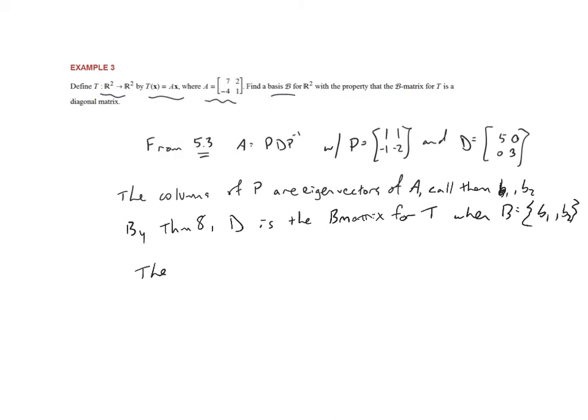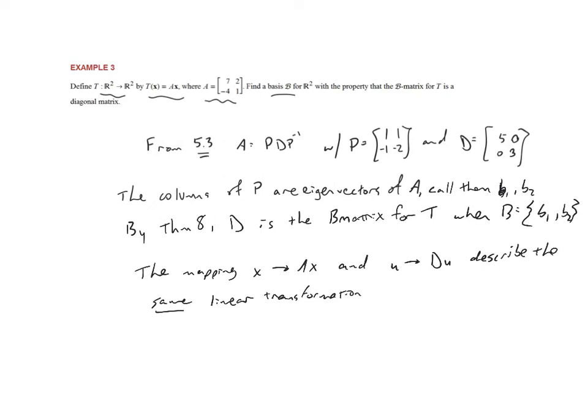The mapping x to A times x and some vector u to D times u describe the same linear transformation, relative to two different bases. Two different bases.